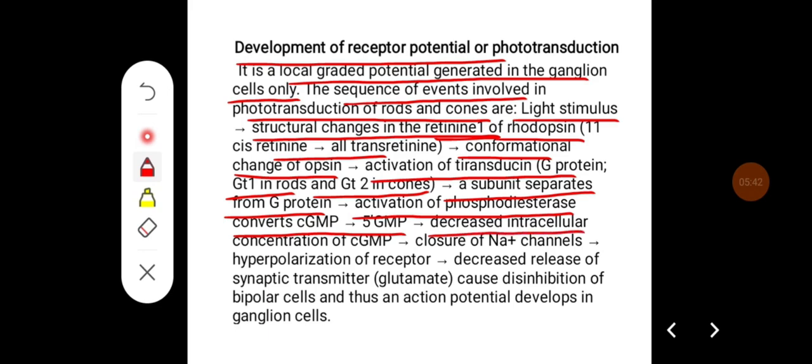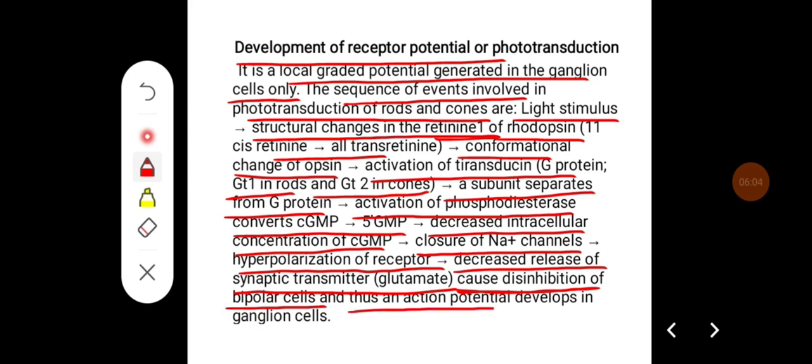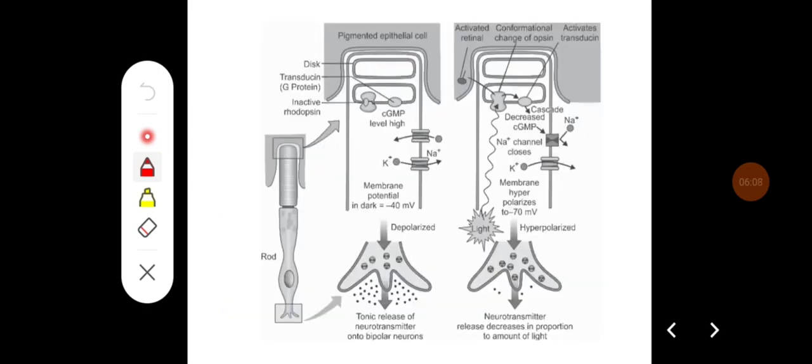This causes decreased intracellular concentration of cyclic GMP, which leads to closure of sodium channels, which leads to hyperpolarization of the receptor, that is decreased release of synaptic neurotransmitter glutamate, which causes the disinhibition of bipolar cells through interneurons, and thus an action potential develops in the ganglion cells.